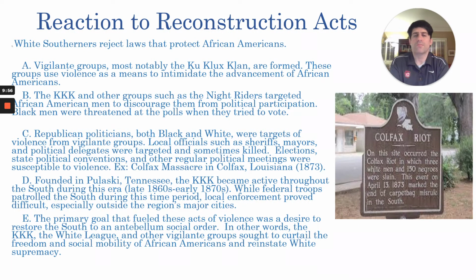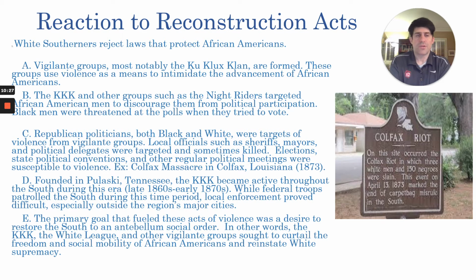Even though there were federal troops in the South, most of those troops were sent to the major cities, and that left a large swath of rural communities, smaller towns, sparsely populated counties, where there might not be a federal troop contingent on hand to ensure that nothing got violent or out of hand.